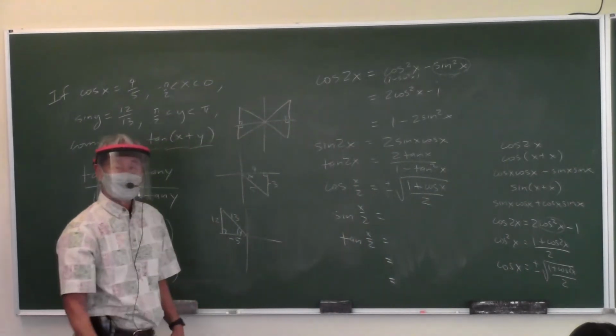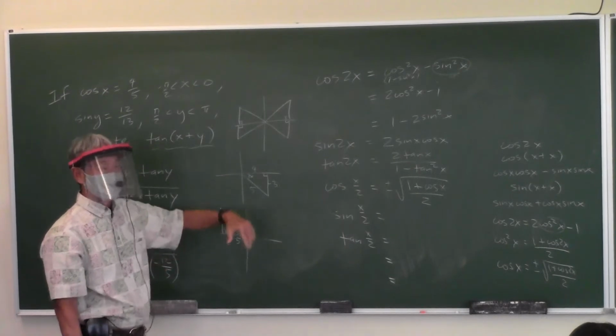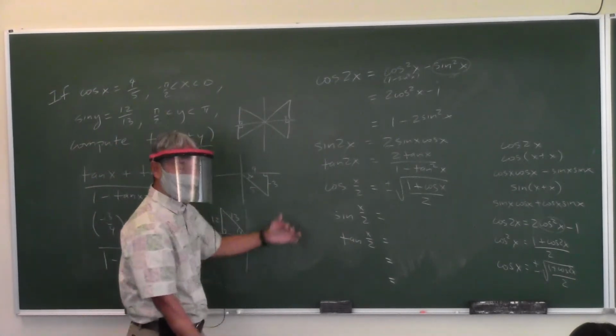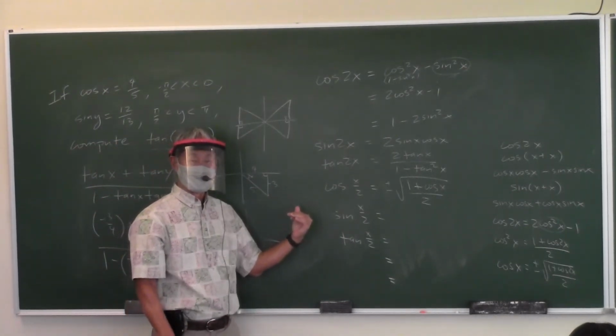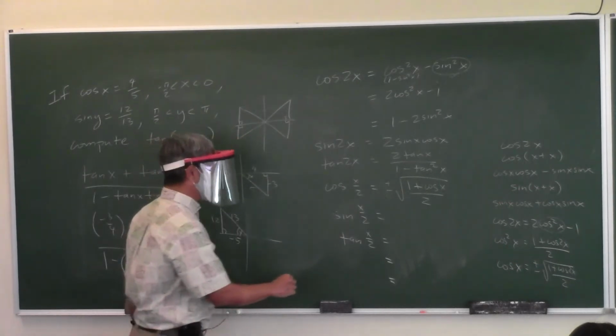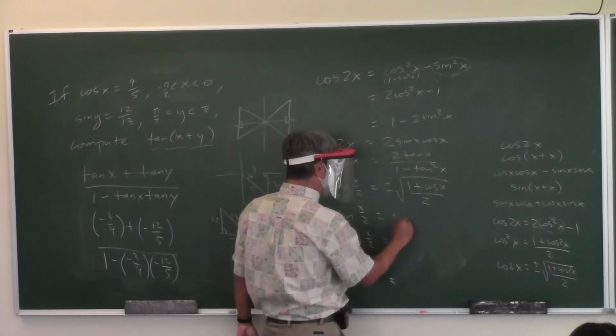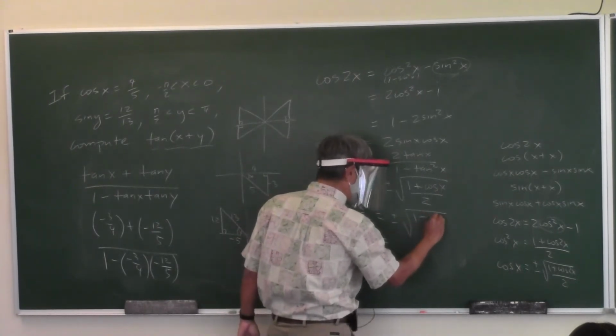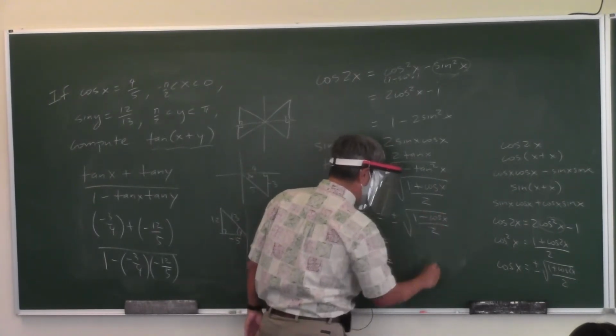That's how you derive the half angle identity. You derive it from the double angle identity. Did you guys do this last year, or your teacher just said memorize it? You guys don't even remember. Anyway, this one is plus or minus the square root of 1 minus cosine x over 2.